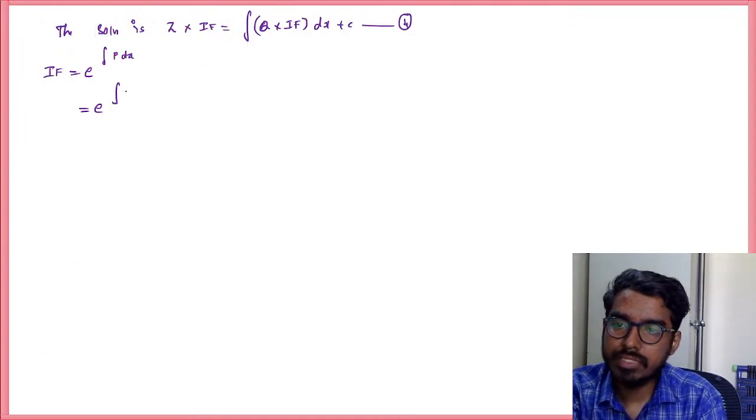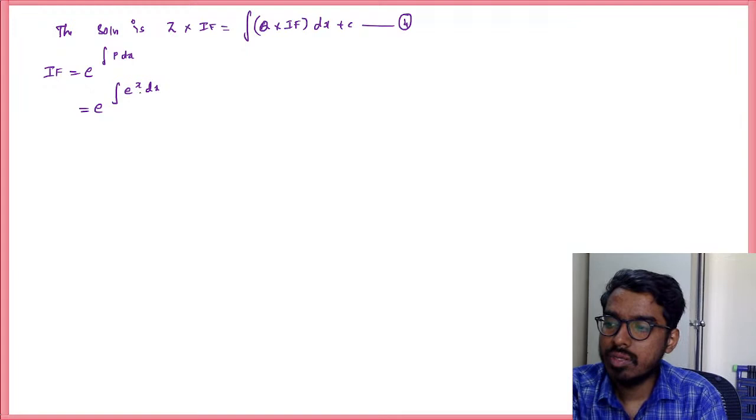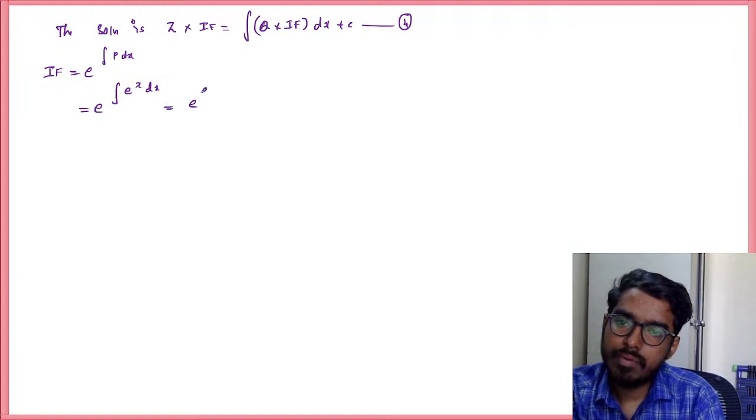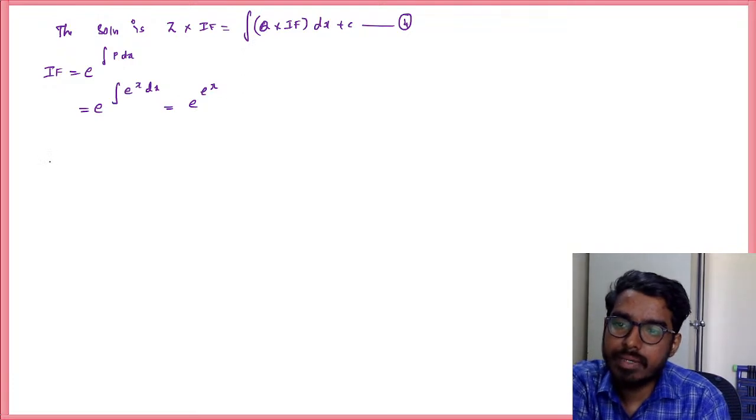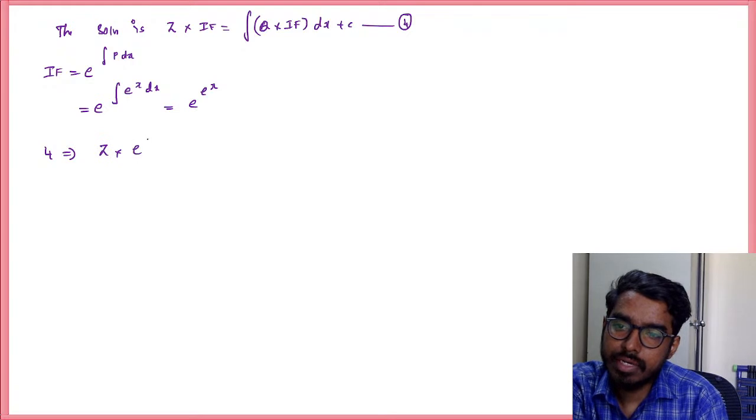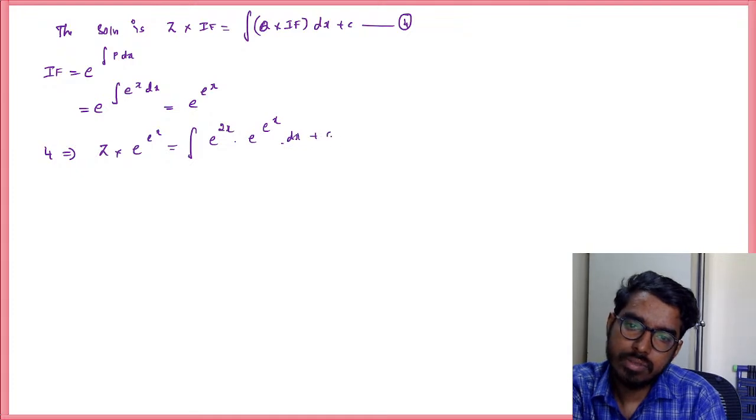So p is e power x, so e power x is your integrating factor. Substitute back in 4: z into integrating factor, integration of q. Q is e power 2x into integrating factor dx plus c.